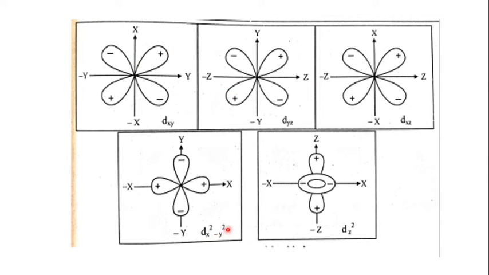Similarly, for dx square minus y square, it is a dumbbell shape but it is on the axis, not between the axes. Okay, it is on the axis. And for dz square, it is a donut shape on the xy plane. Is it okay?